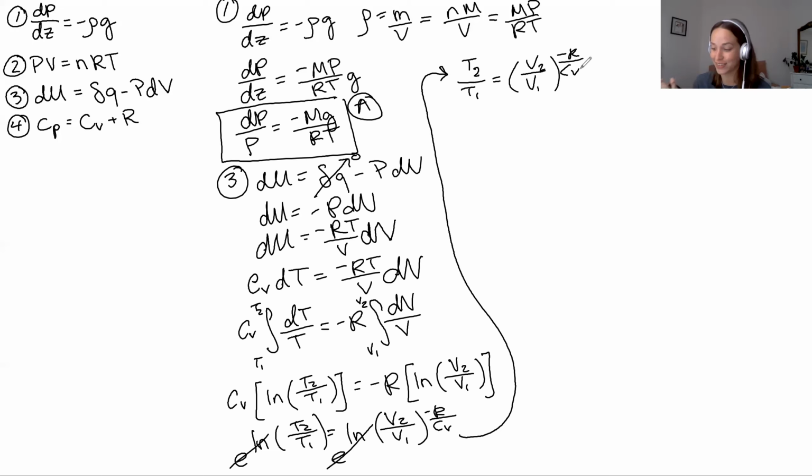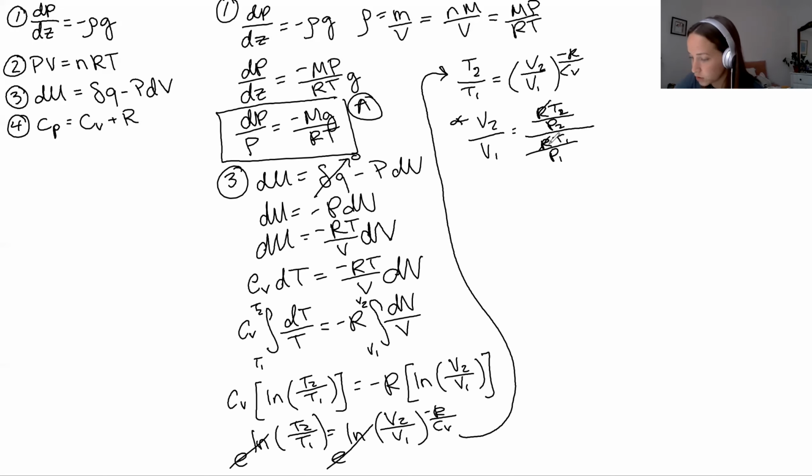So once again, the ideal gas law comes in handy, and we know that V2 over V1 is equal to R times T2 over P2 over R times T1 over P1.